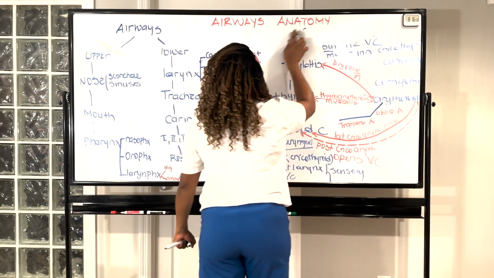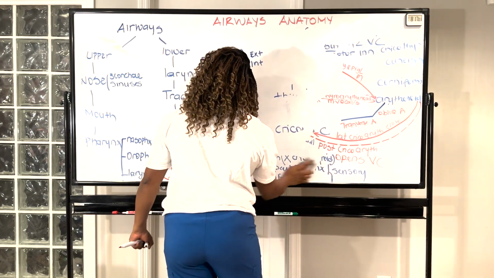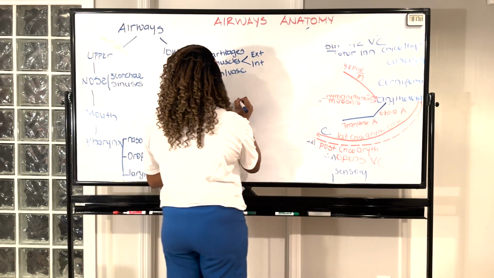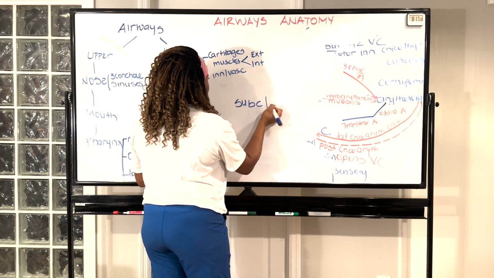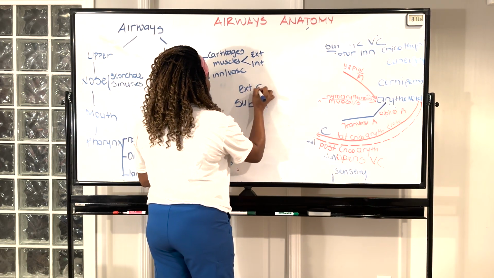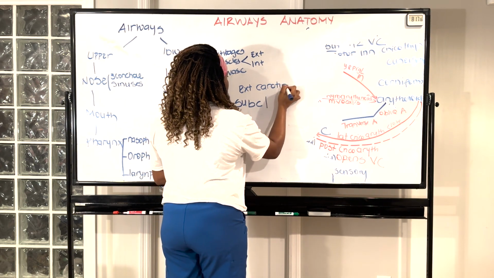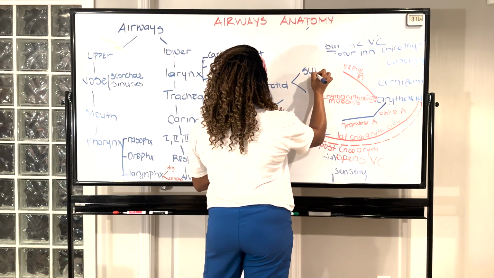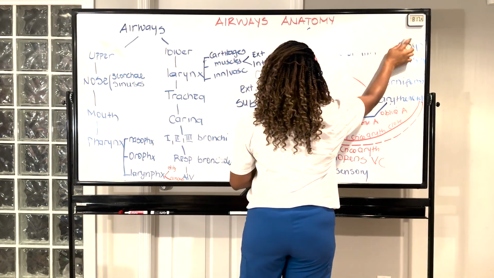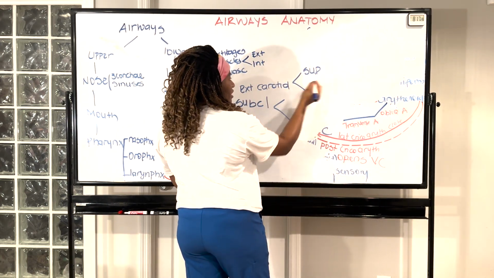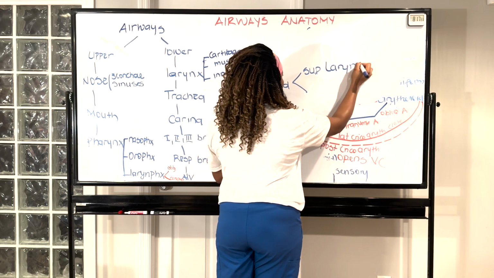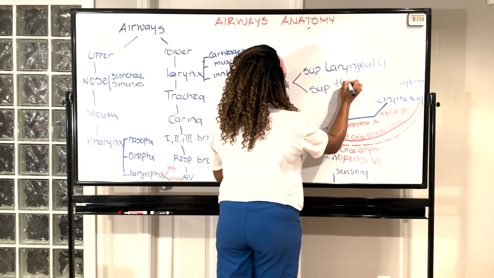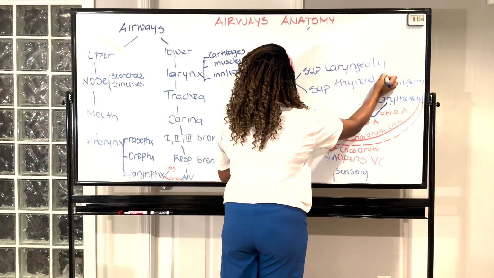Now let's talk about the vascularization, which is the easiest. So vascularization is going to come from the subclavian and the external carotid. The external carotid is going to give the superior laryngeal artery, and superior thyroid artery.